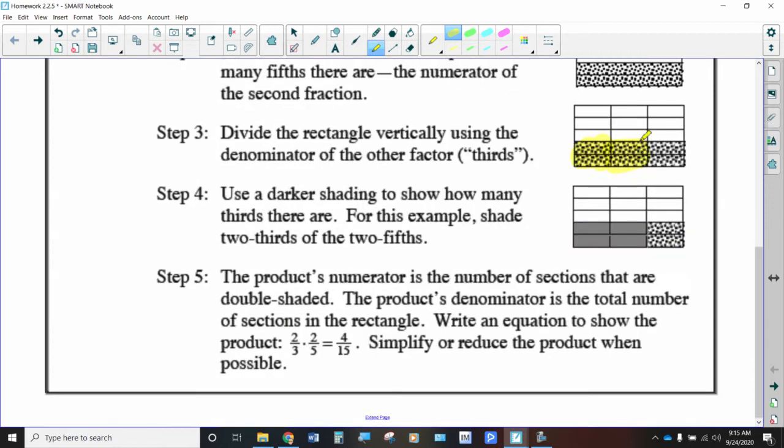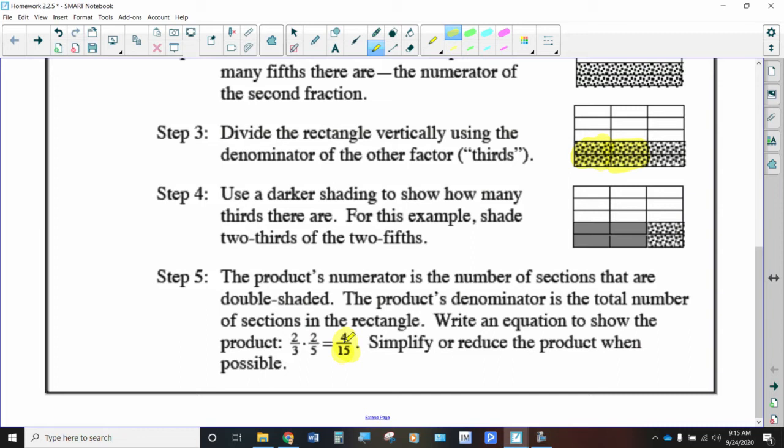So the total number of rectangular parts inside here is 15, and the 2/3 of 2/5 represents 4 out of the 15 total parts. So that's how you get an answer of 2/3 times 2/5 is equal to 4/15.